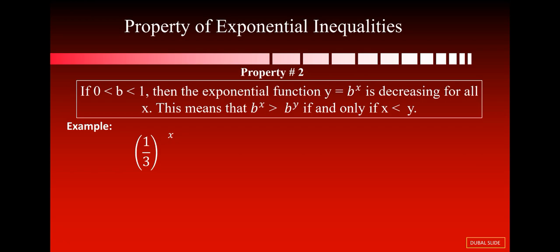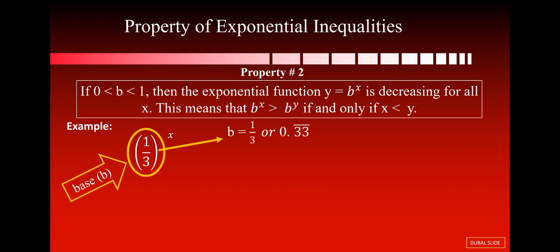Example, 1/3 to the power of x. This 1/3 here is our base. So b is equal to 1/3, or in decimal form, 0.33 repeating. We all know that this 1/3 is less than 1, and also greater than 0.